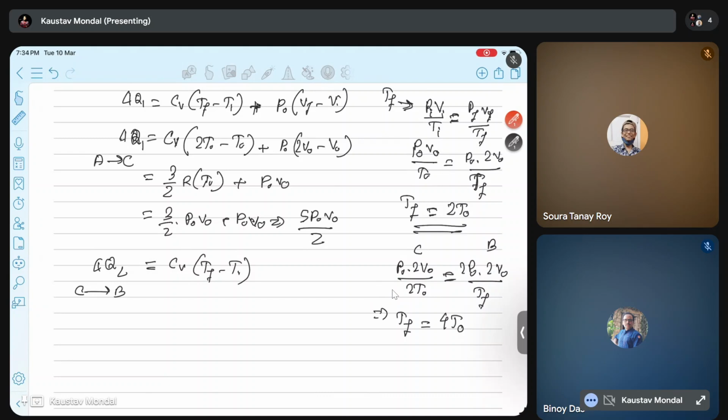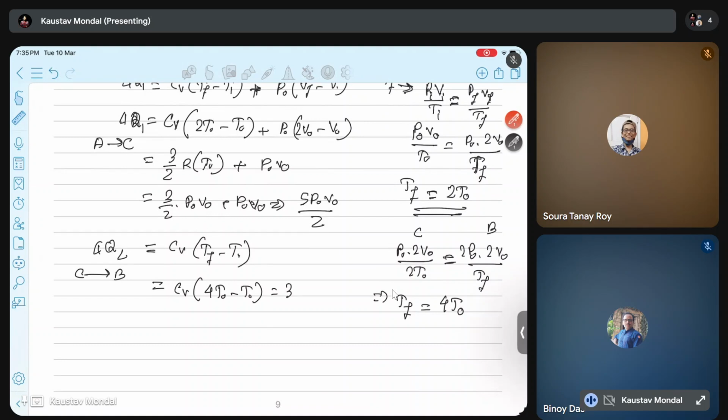Now if you substitute it here, CV would be (4T0 minus T0), so that gives you 3T0 into 3 by 2 R.